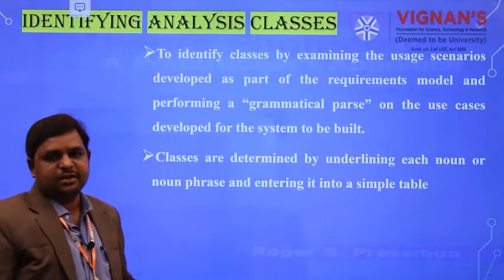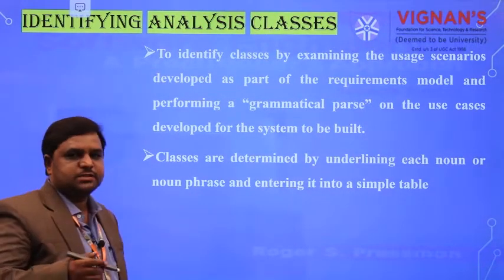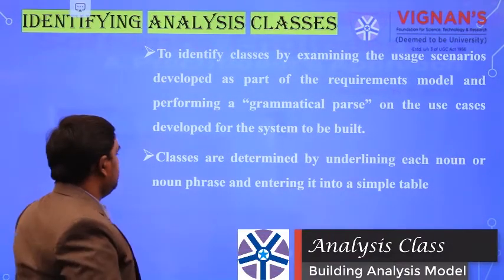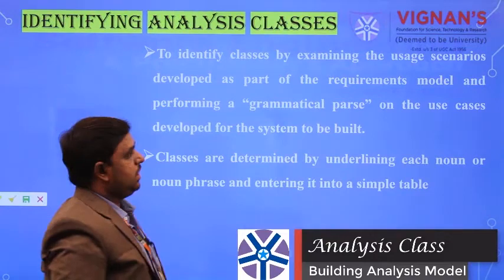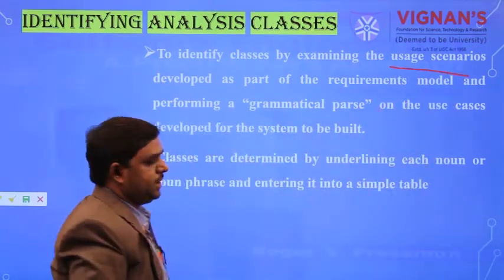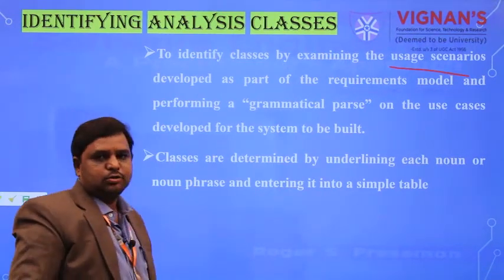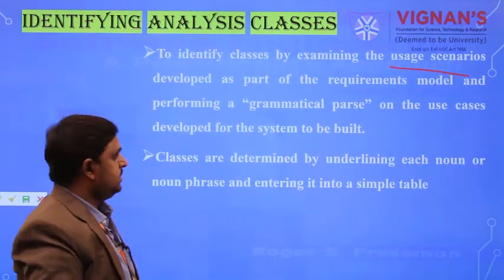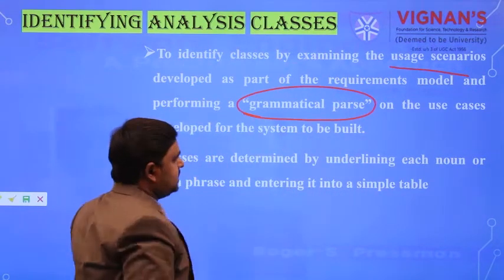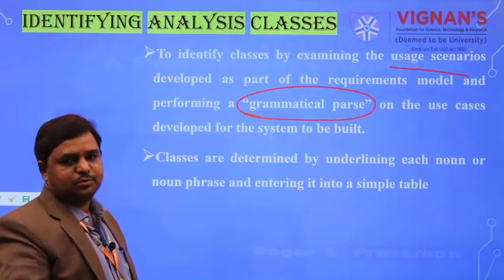Next one is identifying the analysis class. In identifying analysis classes, first we are going to examine the user scenarios developed as part of the requirements model, and we are going to check the grammatical parts of the use cases developed for the system to be built.